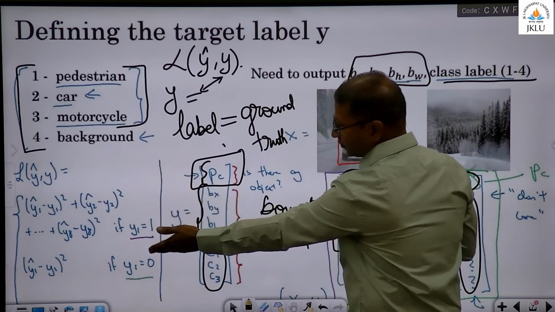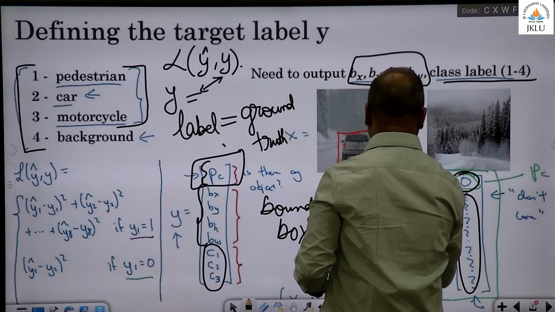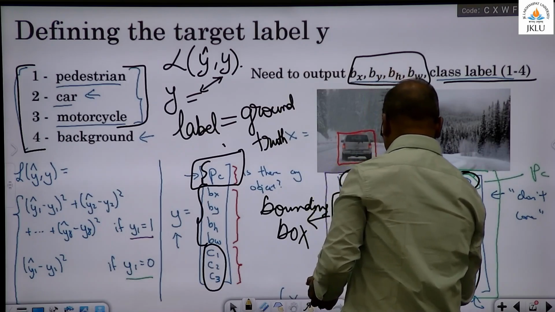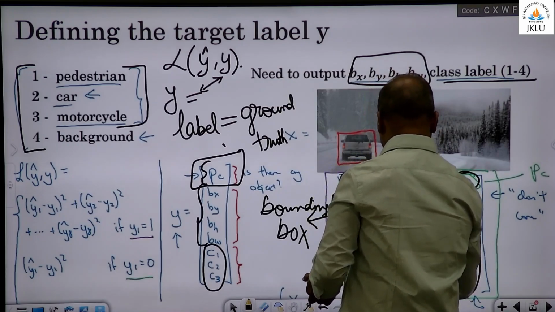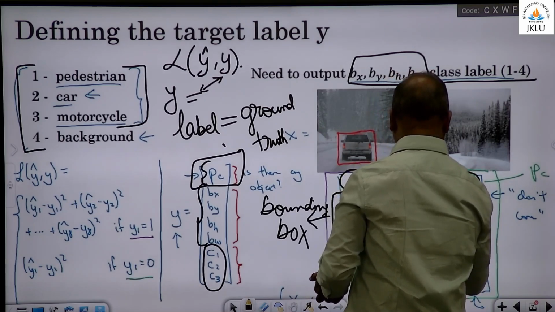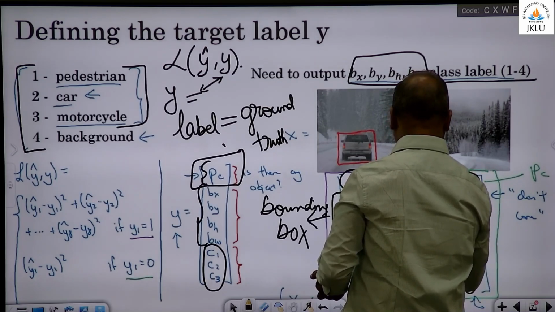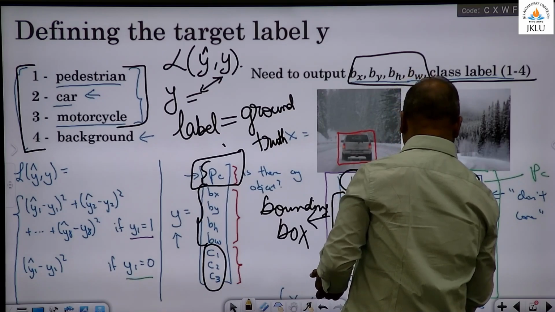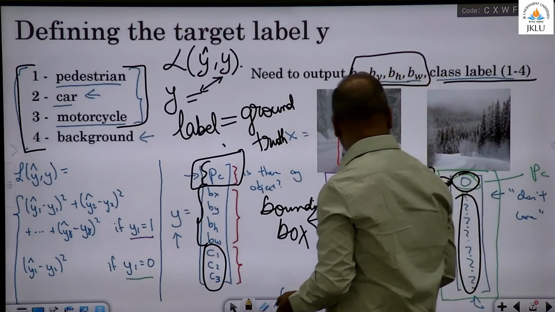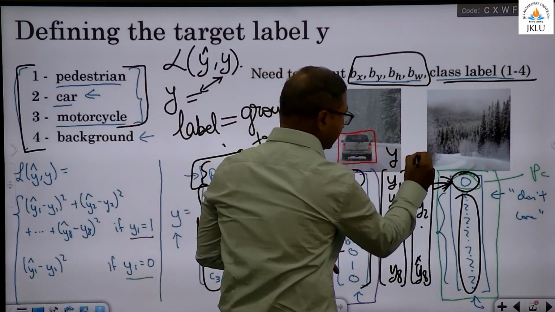Let's say we write Y1, Y2 all the way until Y8 for the label, and correspondingly Y1 hat, Y2 hat, up to Y8 hat.